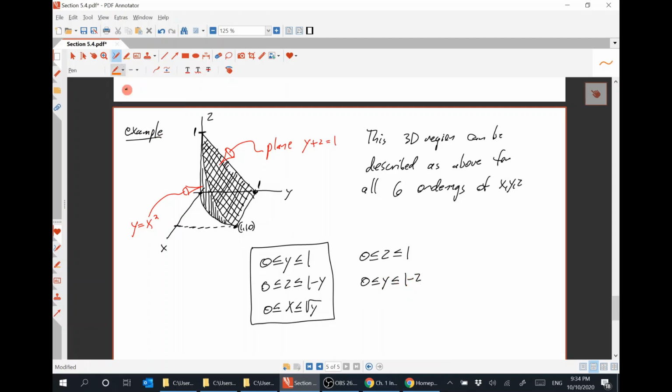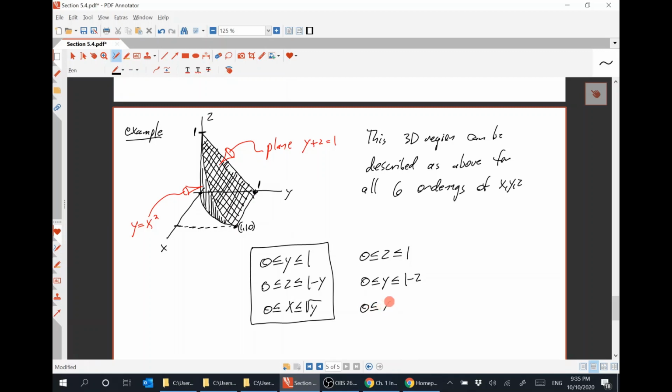And then again, if you put a point yz in this triangle in the yz plane, then the x value goes from that yz plane, that's x equal to 0, up to this parabolic cylinder, which is x equal to square root y. Same as before.